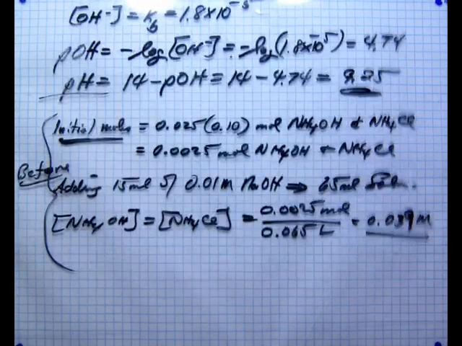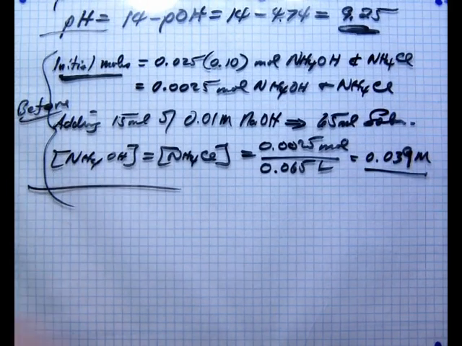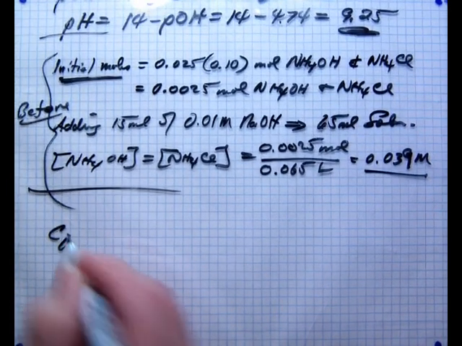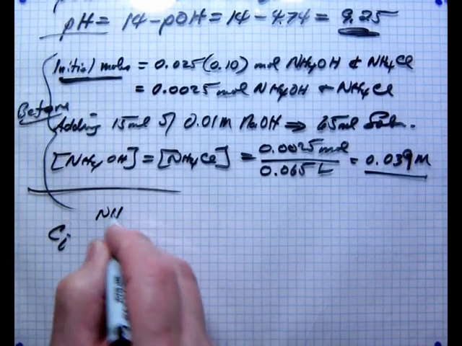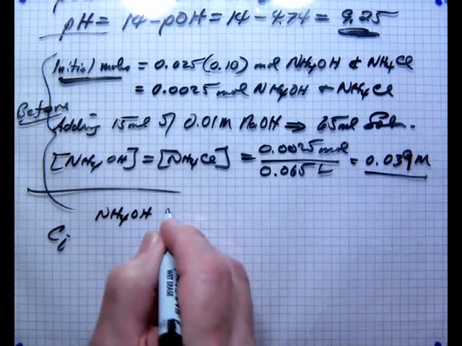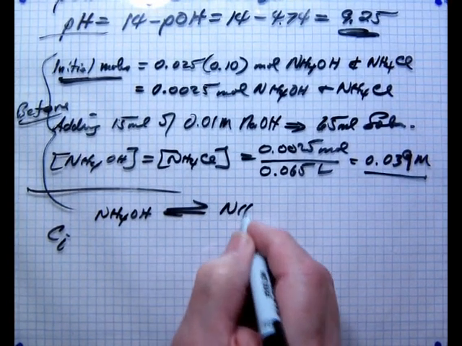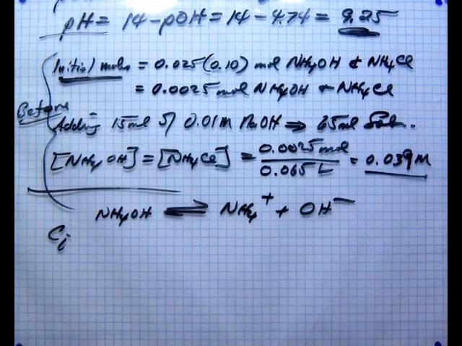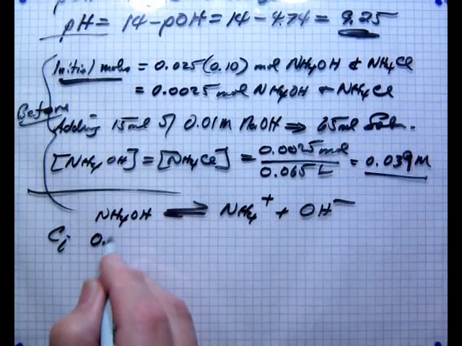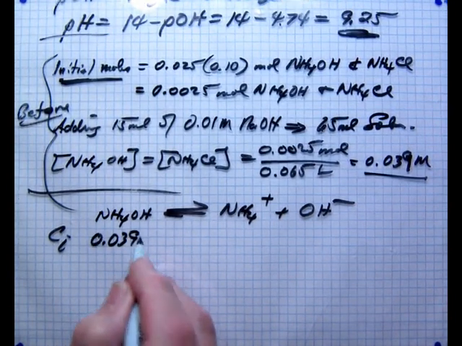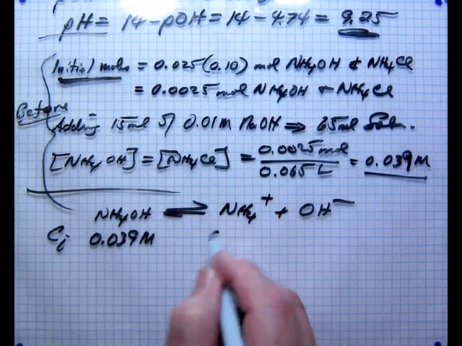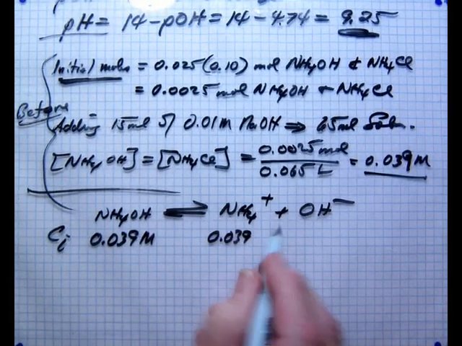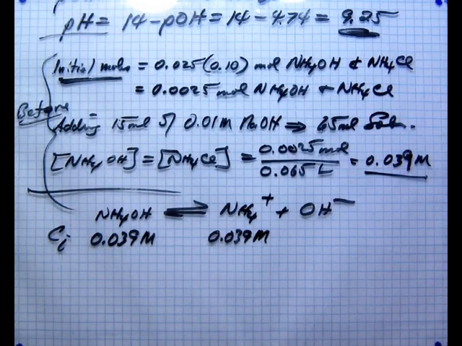Okay. So now we have an initial NH4OH, NH4 plus an OH over here. So it's now 0.039 mole per liter and 0.039 mole per liter there.